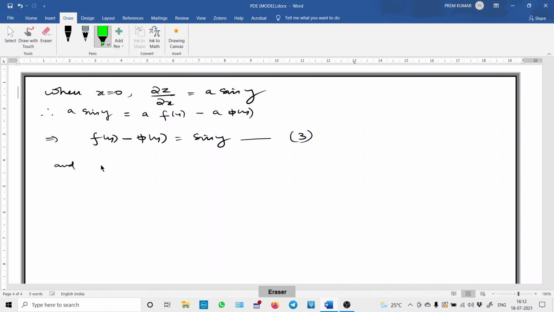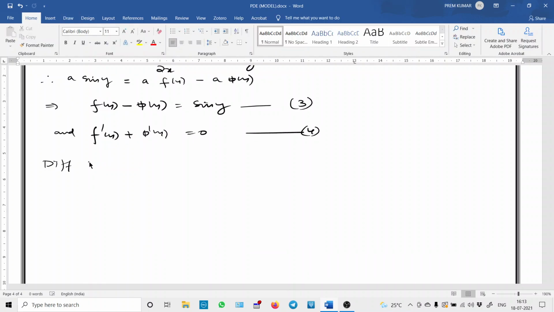Now I cannot use 3 and 4 to get f of y and pi of y. So what I do is we take equation 3 and differentiate with respect to y throughout. Differentiating 3 with respect to y, we get f dash of y minus pi dash of y equals sin y differentiation as cos y.